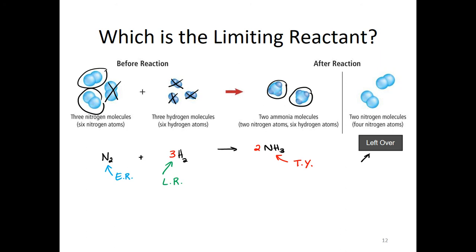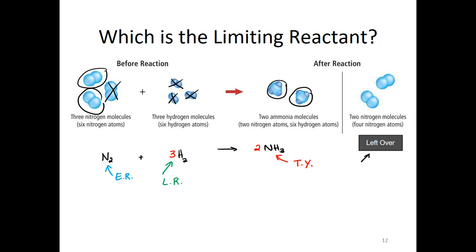So if I react 1 mole of nitrogen and 3 moles of hydrogen, I'm going to get 2 moles of ammonia. But in the diagram, I've reacted 3 moles of nitrogen and 3 moles of hydrogen and still got 2 moles of ammonia because hydrogen is completely being consumed, and that's my limiting reactant.